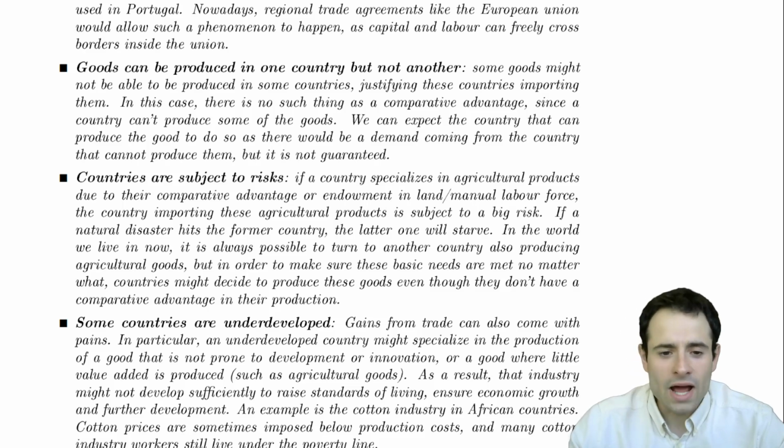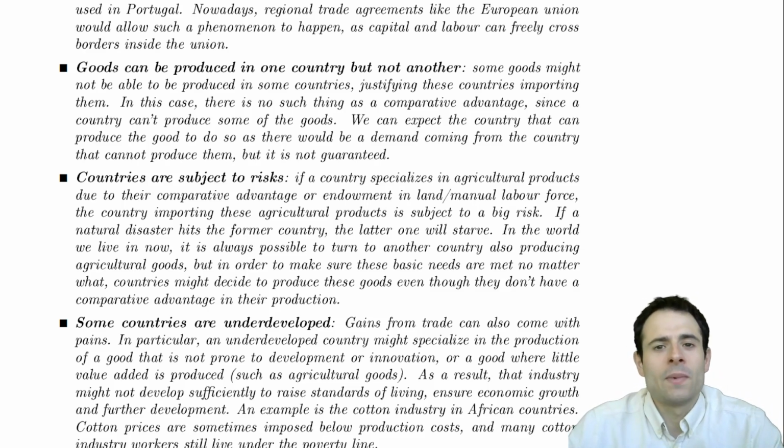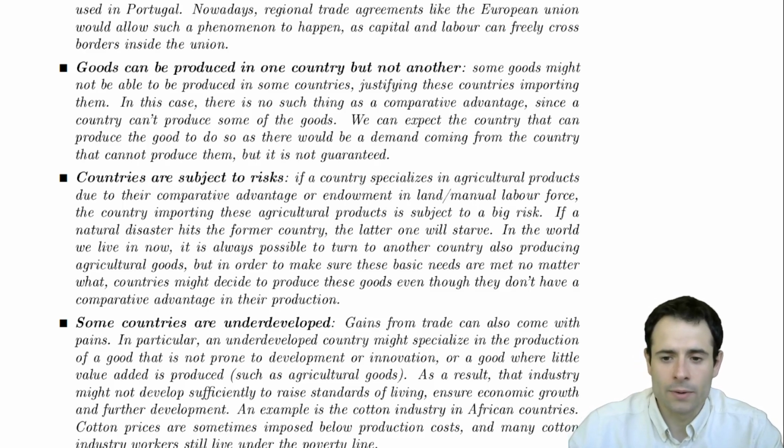In the world we live in now, well, it is always possible to turn to another country. After all, there are many countries and we haven't met disasters of a world level yet. Well, not at least natural disasters such as hurricanes, tornadoes, and so on.